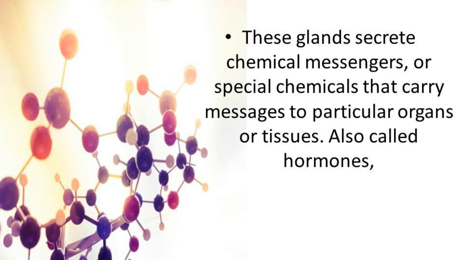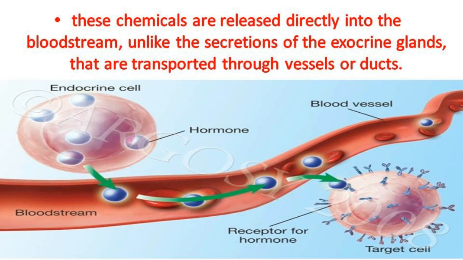The endocrine gland's other name is what? Hormone, or special chemical messenger. Okay, are you clear? These chemicals are released directly into the bloodstream.